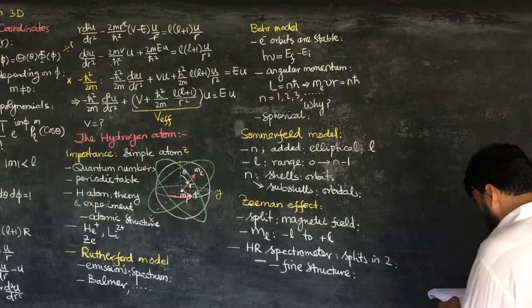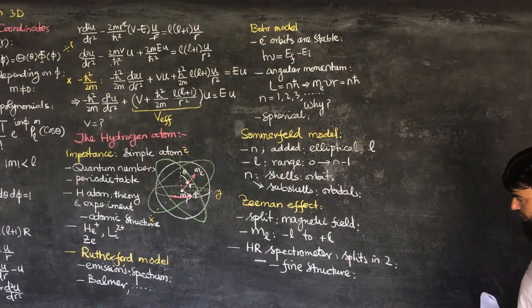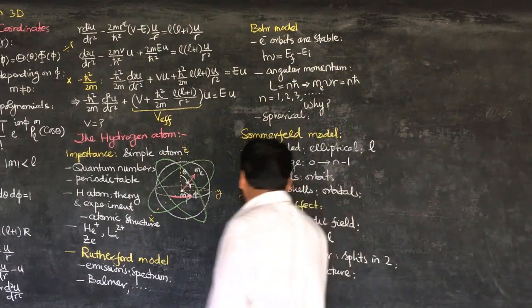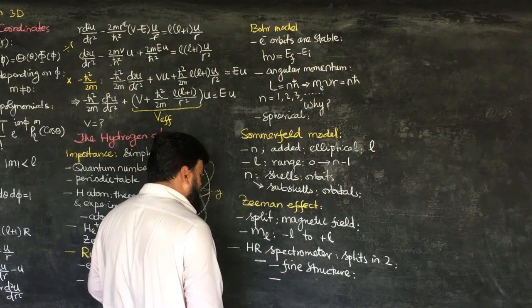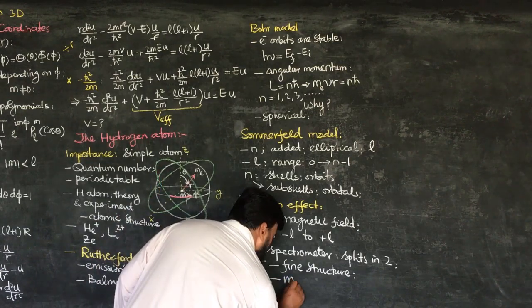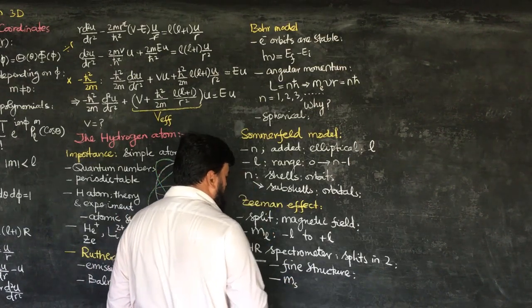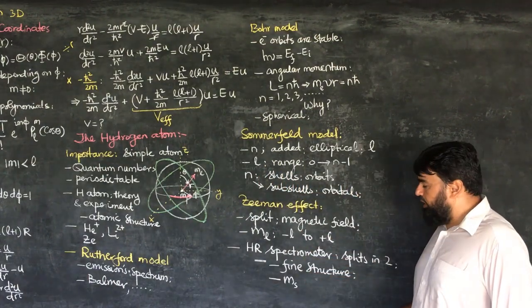Then another quantum number came in order to explain the fine structure of the hydrogen atom, and it was termed MS, the magnetic spin quantum number.